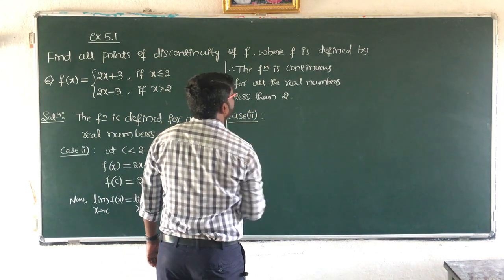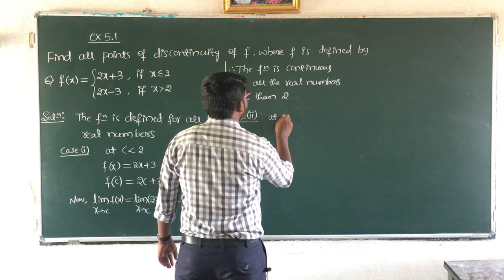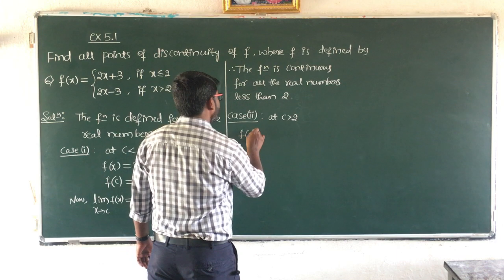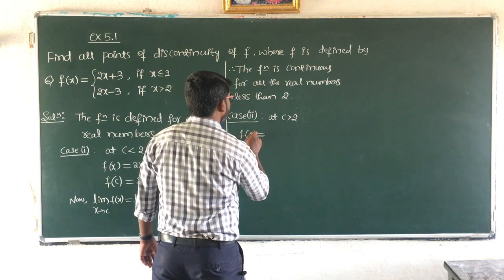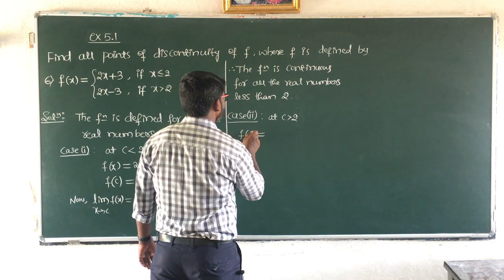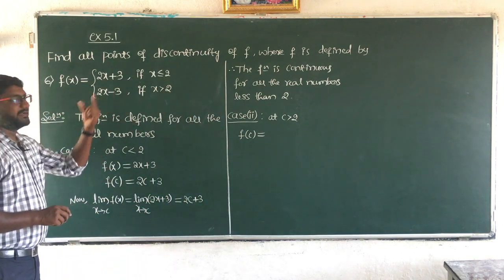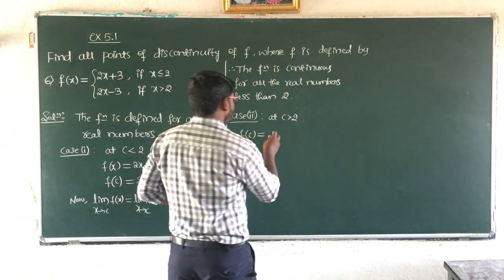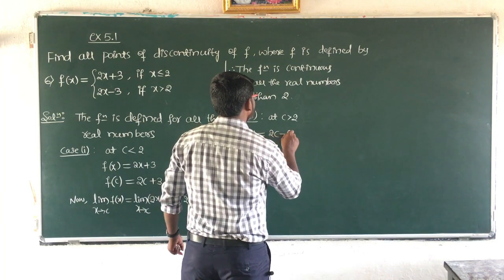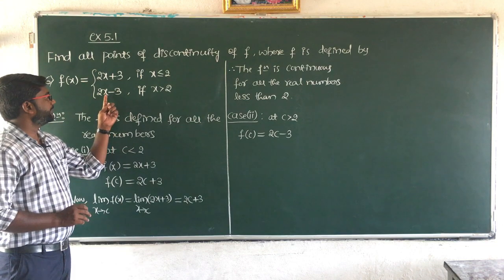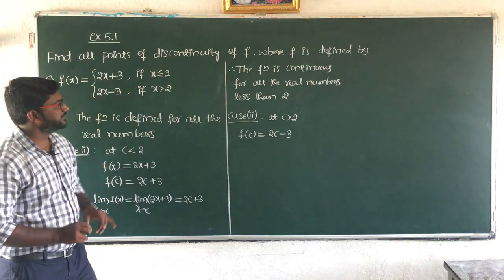Case 2, at c greater than 2. So what is f of c now? At c greater than 2, f of c will be 2x minus 3, so replacing x by c we get 2c minus 3.